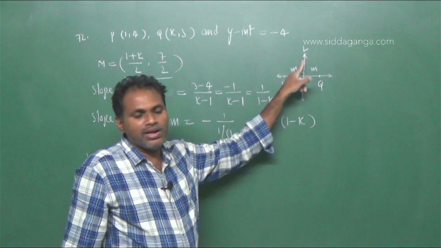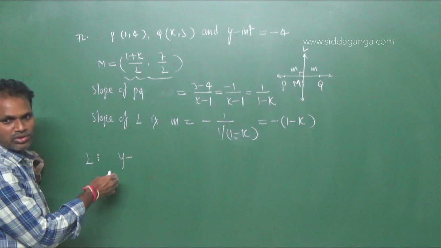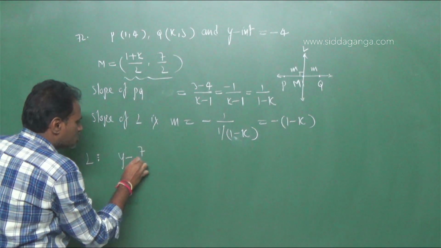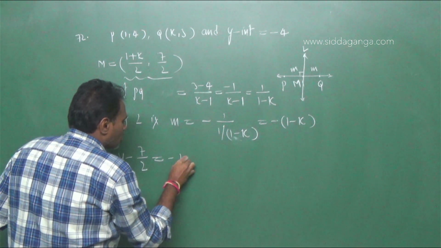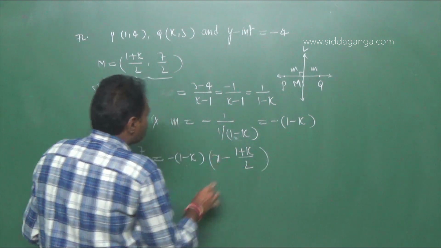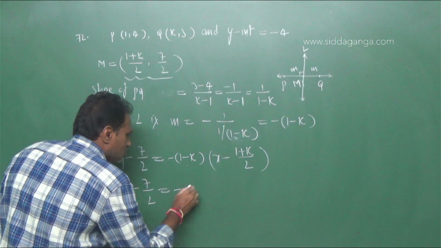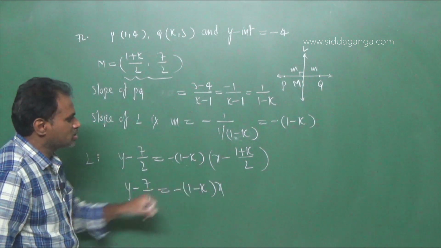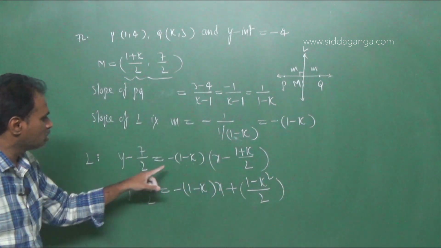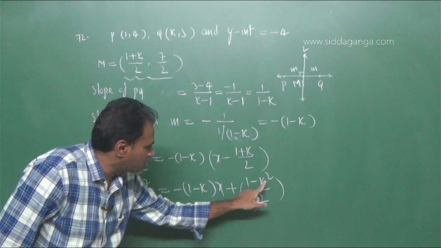Therefore, y minus 7 by 2 equal to minus (1 minus k) into (x minus (1 plus k) by 2). That is, y minus 7 by 2 equal to minus (1 minus k) into x plus (1 minus k) into (1 plus k), that is (1 minus k squared) by 2.